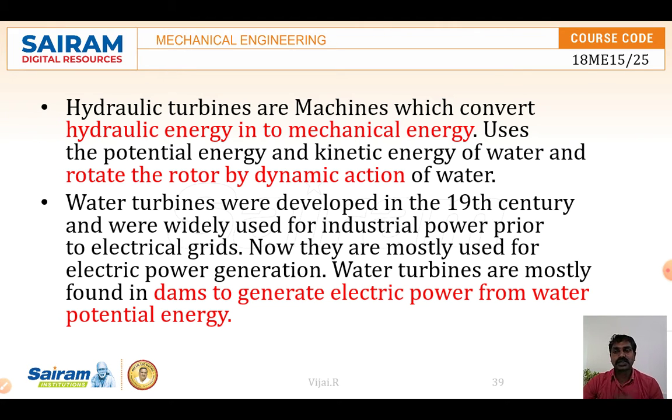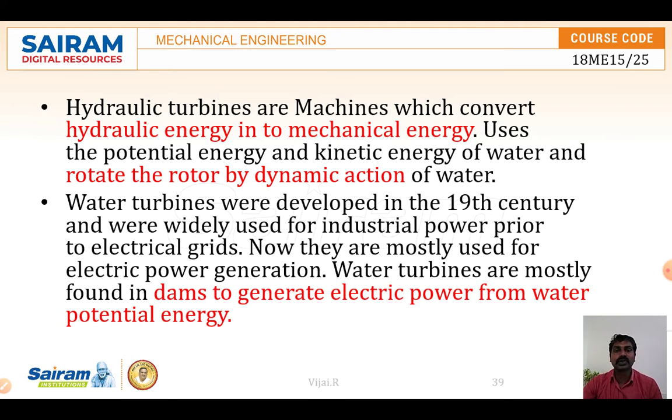When it falls and comes with a high velocity and hits the turbine, the potential energy and the kinetic energy of the water is converted to rotate the turbine.